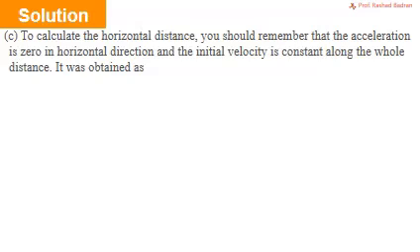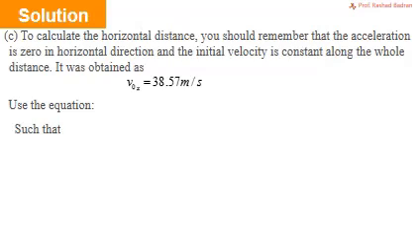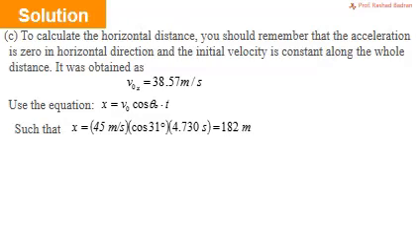To get the horizontal distance in part C, we simply use the equation along the x-axis, that's delta x equals v naught x times t, with v naught x known as given in the problem, 38.57 meters per second, and by inserting that into the equation together with the time of flight which we obtained of 4.73 seconds, we're going to get delta x equal 1.82 meters.